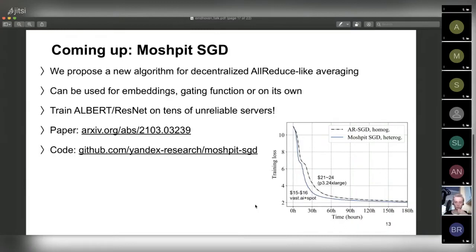Unfortunately, I don't have the demonstration in this link, but if you're interested, I'll show you some examples in the repo. Basically, it allows us to train even when some peers can fail throughout training and if they are slow. Also, the paper and the code are available.